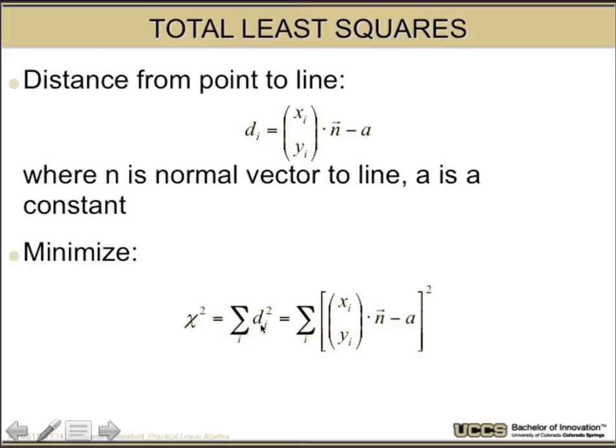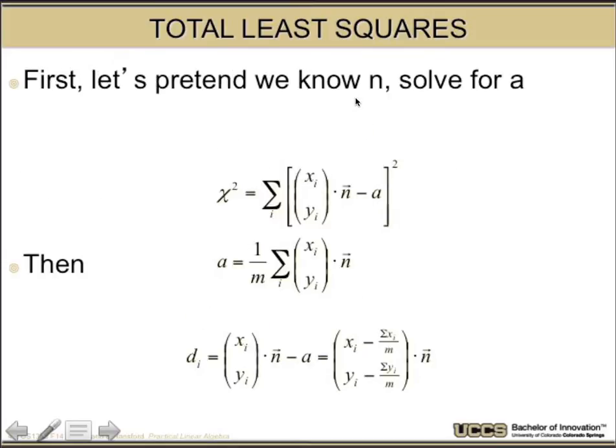Now, if we pretend we know the solution for n, we can then use it to solve for a. So for a second, let's just pretend we know the normal. Then a, the other free parameter of the plane, is just given by x, y, or larger and higher dimensions, dotted with n, summed over, and take the average. So that lets us say that the offset is just the average from this dot product.